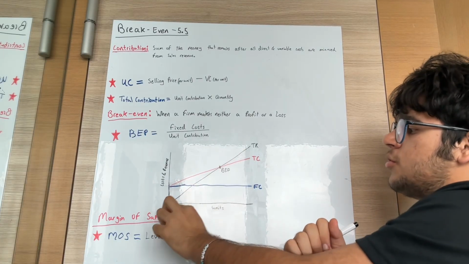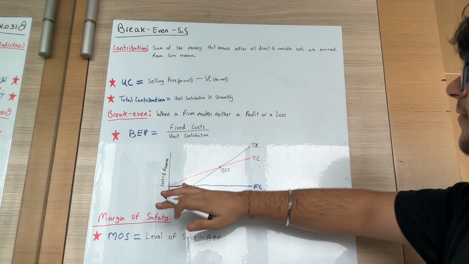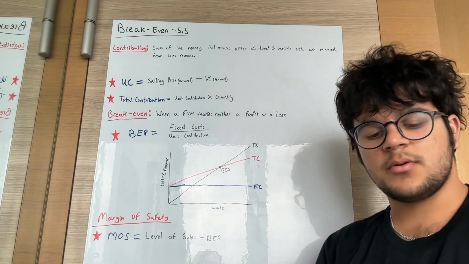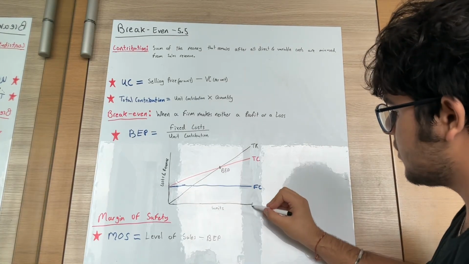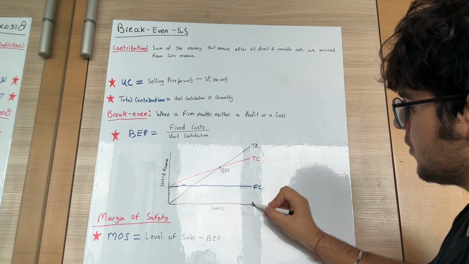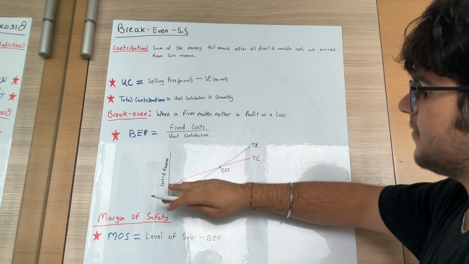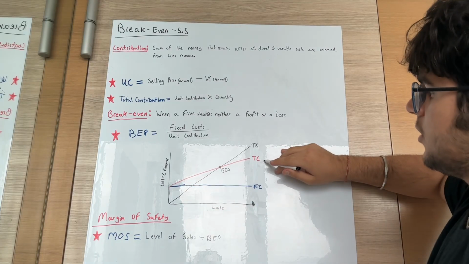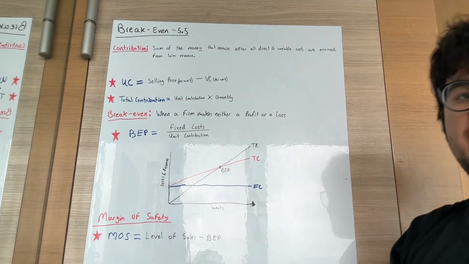Then you have your total revenue line, okay? Basically, your variable costs are costs that will increase the more you produce. So as units are increasing, the more units produced, your variable cost will increase, which you add on top of your fixed cost to make your total cost. And your revenue, as more units are sold, more revenue is earned.